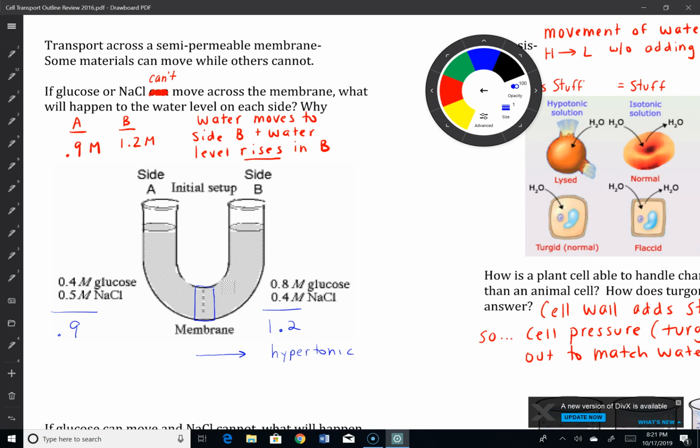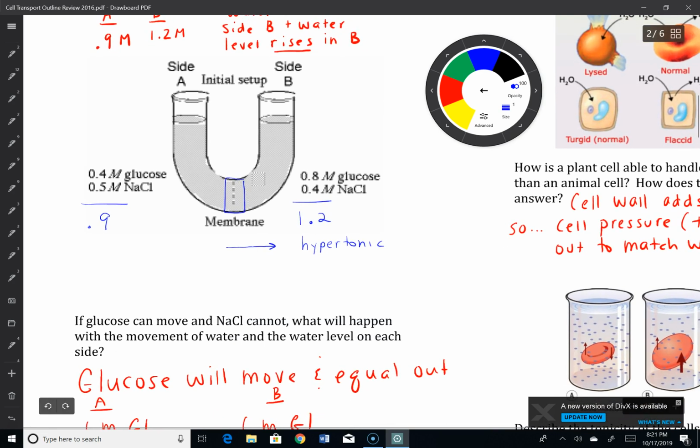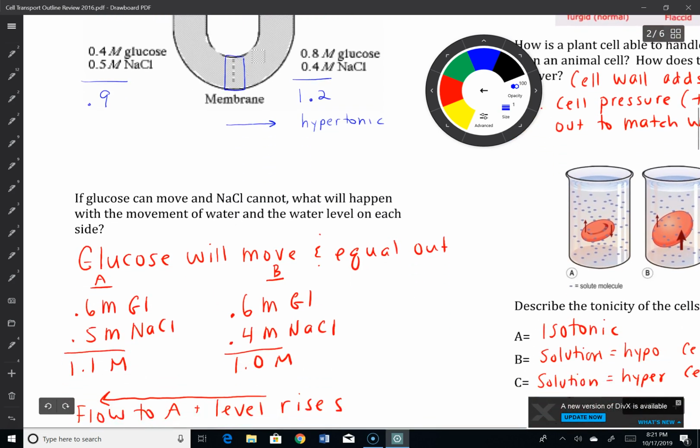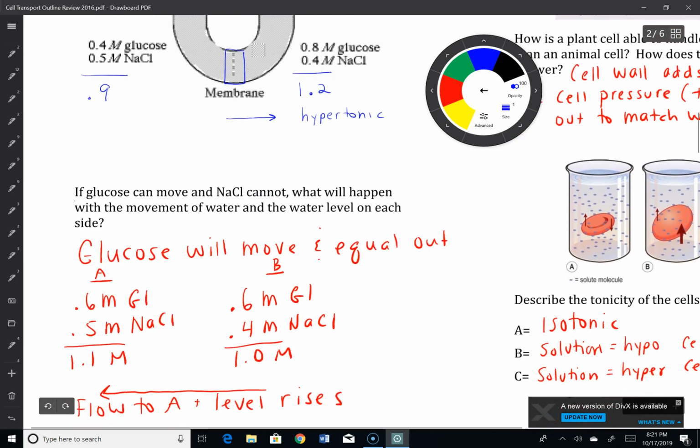If we change that question just a little bit, here now I say that glucose can move and the NaCl cannot. Now that changes everything. Because of that, instead of the glucose staying at 0.8 on B and 0.4 on A, we're going to split the difference. You're going to see that the glucose is going to fall into its own equilibrium.